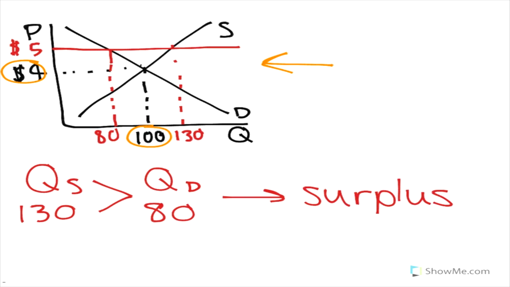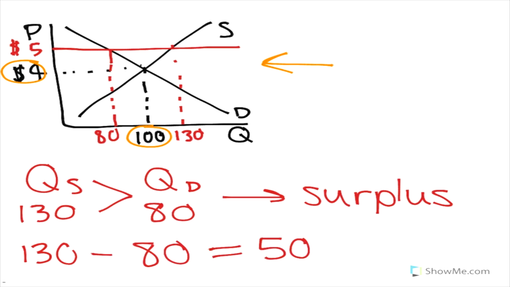So to calculate the actual value of the surplus, we take the quantity supplied, 130, minus the quantity demanded of 80, and that gives us 50 units that are in surplus or that are extra, if it helps to think of it that way. So this is an example of a price floor above equilibrium.